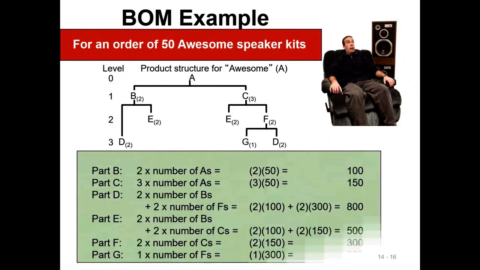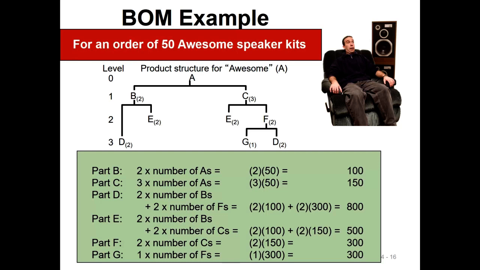So, for example, if we want to make an order of 50 speakers A, according to this structure, we understand, okay, in order to make 50 A, you need 2 times 50. So this is 100 pieces of B, okay?